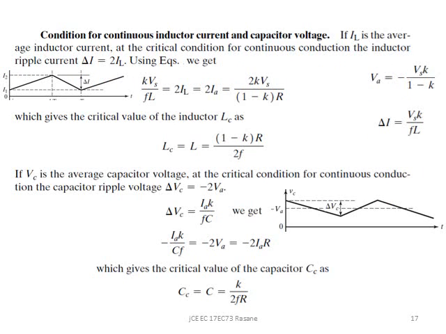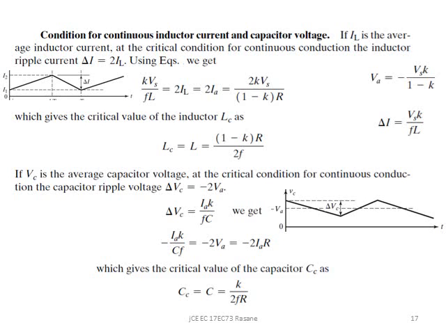So now let us look at what is the condition for continuous inductor current and capacitor voltage. If I want a continuous current and not discontinuous current, there is a particular critical value for the inductor and capacitor value.